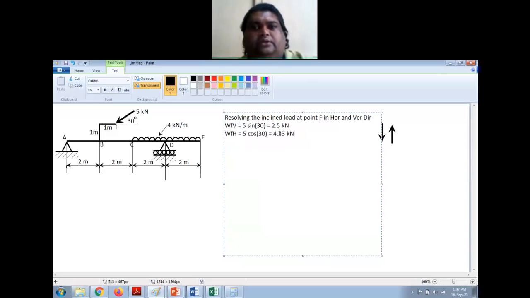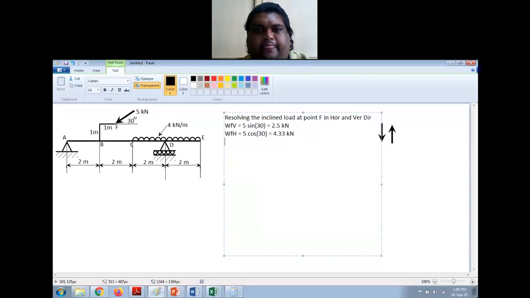Now these two forces, I'm changing this 5 kilonewton force, which is inclined at 30 degrees, to one horizontal force equal to 4.33 kilonewton and one vertical force equal to 2.5 kilonewton, which is acting at point F. Now, what is the effect of these two forces?